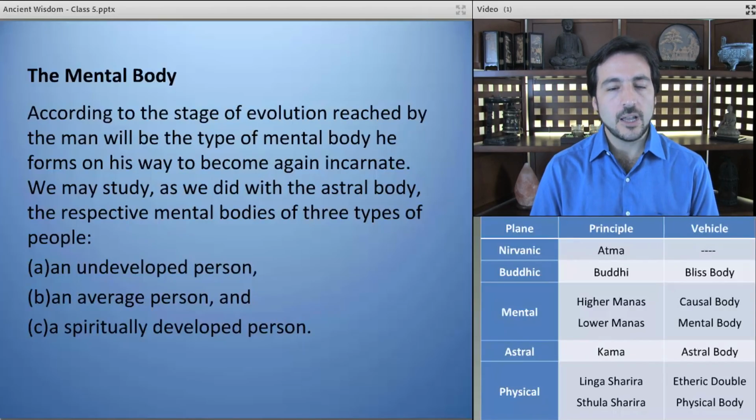At the level of the mental body, because the mental matter is very subtle, the differences are not so evident as they were before. If you do know what the colors mean, and if you take into account that how brilliant, how shiny the colors are, it's a very important difference in the mental bodies, then you can begin to perceive the differences better. But at the level of shape and general structure, you probably won't see much difference. Anyway, I brought some images so we can see them.